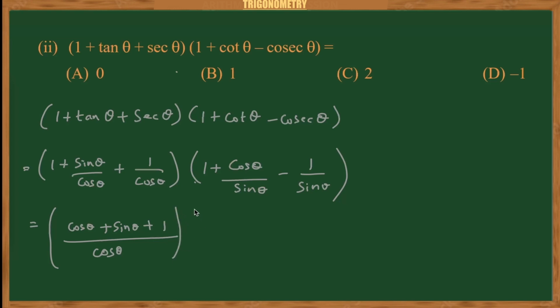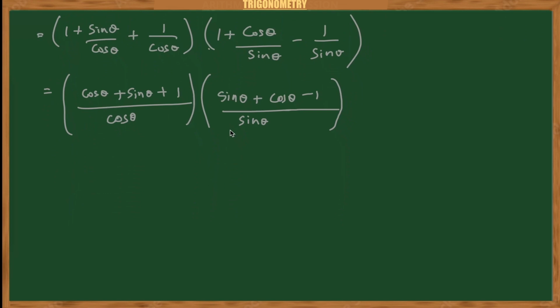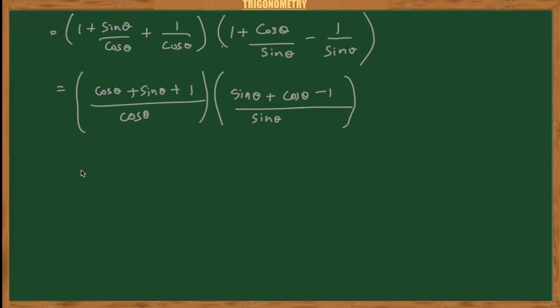Here also let's take the LCM: sin theta plus cos theta minus 1. So further simplifying, we can see that cos theta plus sin theta plus 1, sin theta plus cos theta minus 1.